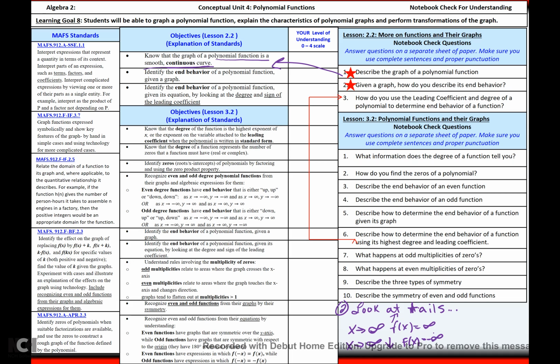If it's the other way around, as x approaches negative infinity and the arrow is pointing up, that means the function goes to infinity. As x approaches negative infinity, if the arrow is pointing down, that means the function is going to negative infinity. Okay?